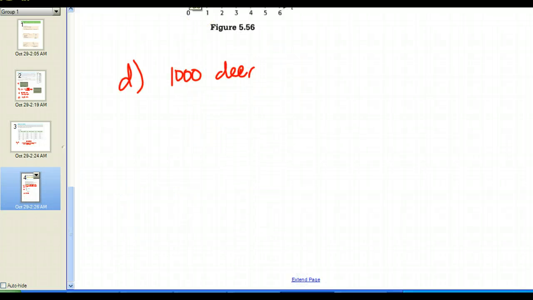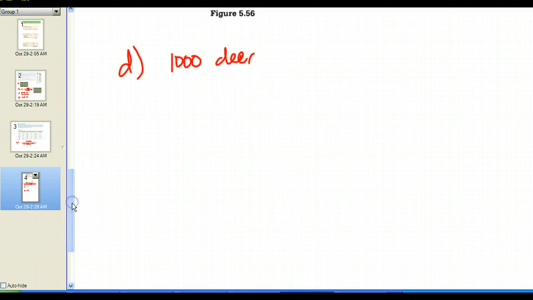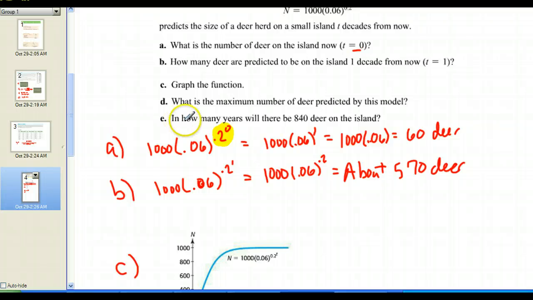Alright, and then the last part. Let me extend this one more time. It's going to take a little bit of room. For part E, it wants us to find how many years until there will be 840 deer on the island.